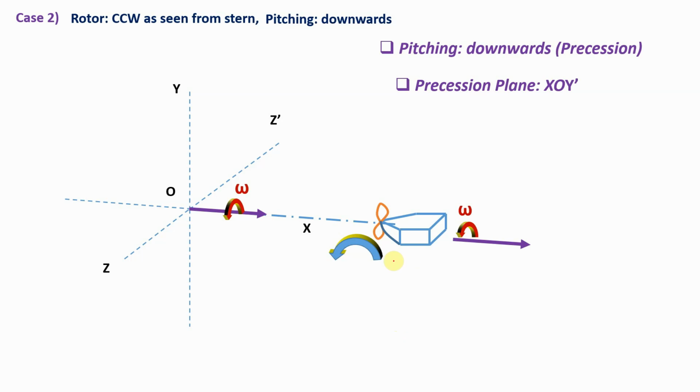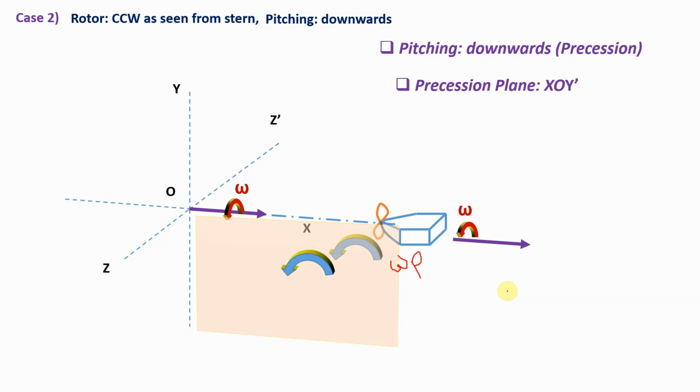This omega p precession velocity acts in the vertical plane XOY dash. This is our precession plane, the plane in which the motion of the bow going downwards can be represented. That is the plane in which omega p acts. So this is the precession plane.